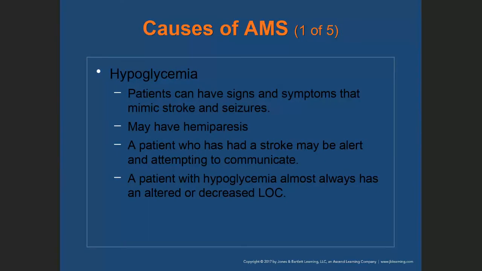Causes of altered mental status: hypoglycemia. Patient can have signs and symptoms that mimic stroke and seizures. May have hemiparesis. A patient who has had a stroke may be alert and attempting to communicate. A patient with hypoglycemia almost always has an altered or decreased level of consciousness.